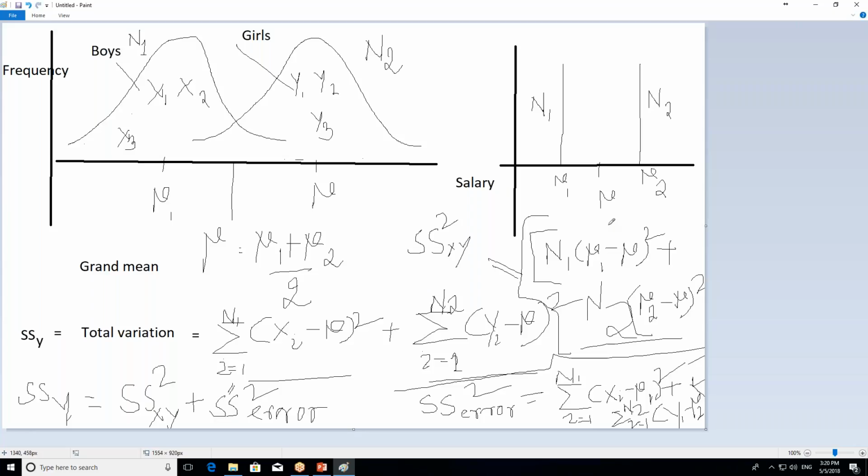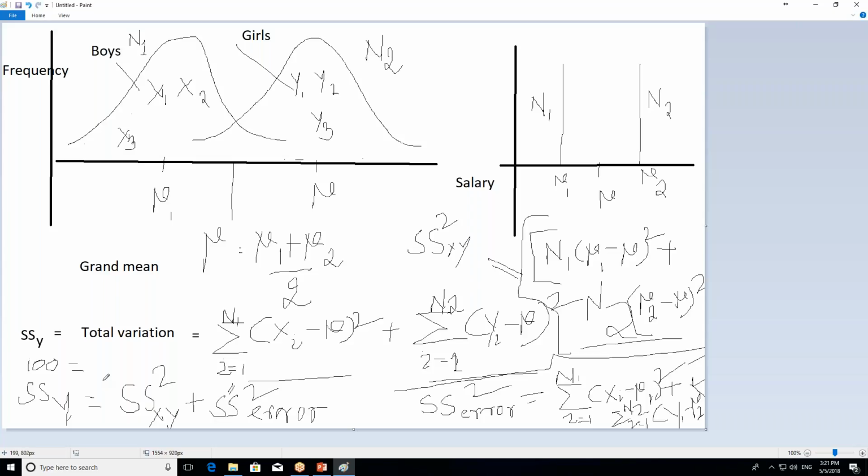SSXY talks about the difference between group means, and the other talks about the individual group variation.